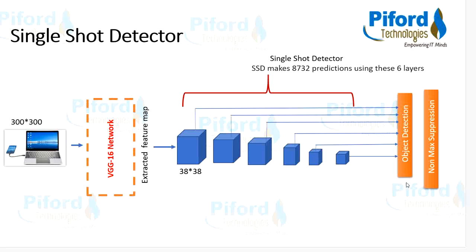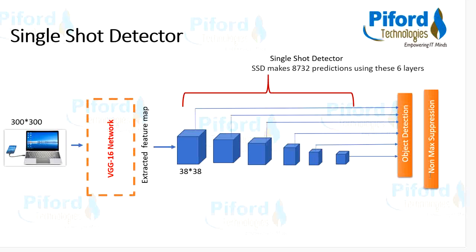As I've just told you, there are lots of boxes per object. So then we are using non-max suppression. Why are we using non-max suppression over here? Just to remove the duplicate predictions.